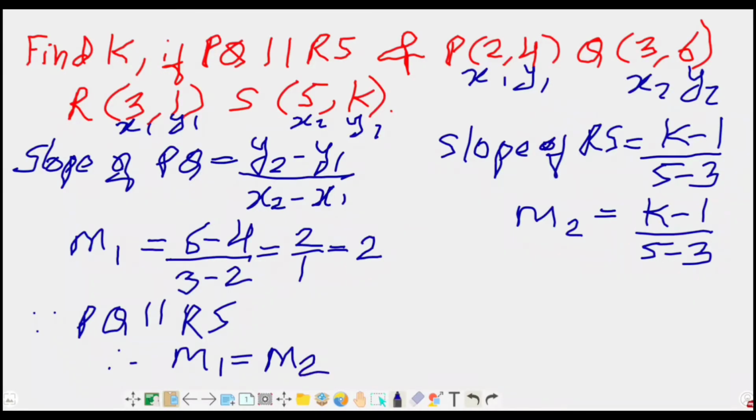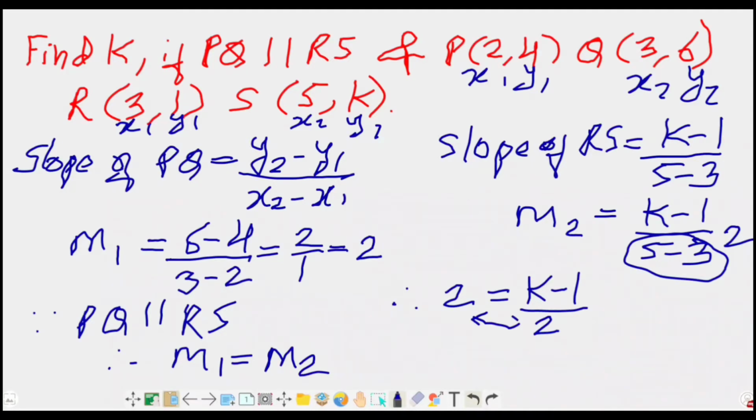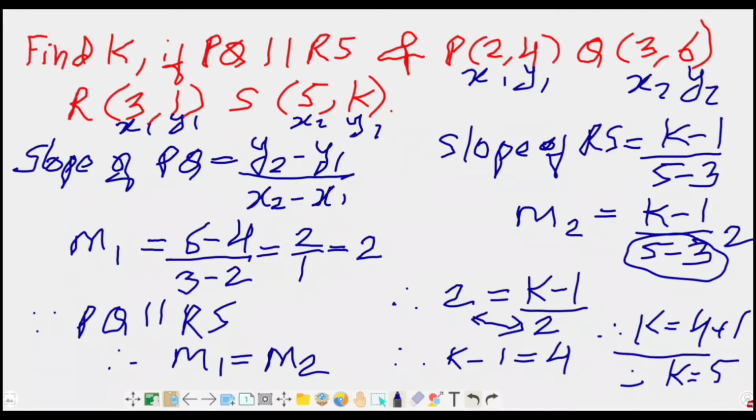So m1 is equal to m2. Now substitute their values. Your m1 is 2 and your m2 is k minus 1 upon 5 minus 3, which will give you 2. So this will be k minus 1 by 2. Now when you multiply these both, your k minus 1 will be equal to 4. So your k will be 4 plus 1. So what's the value of your k, students? 5. So you got the value of k by using the concept of parallel lines.